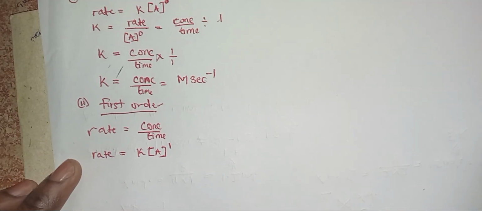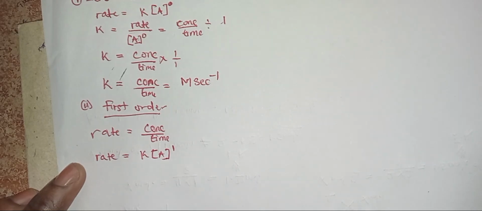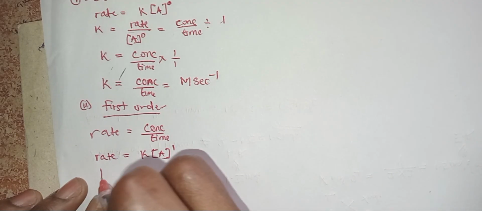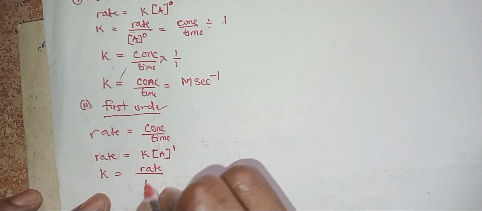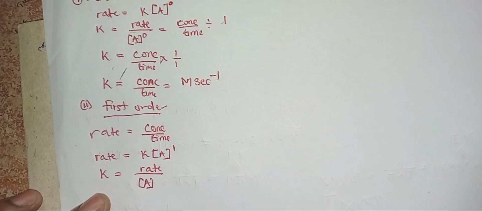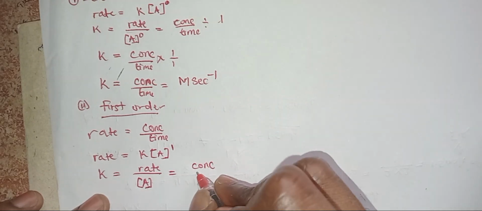The order of reaction is 1 here, not 0, because we want to prove for the first order of reaction. So we make K the subject of the formula. So we are going to have rate upon concentration, because anything raised to the power of 1 is still going to be the same number. So now the rate is equal to concentration upon time.